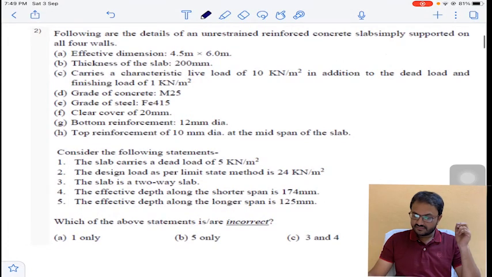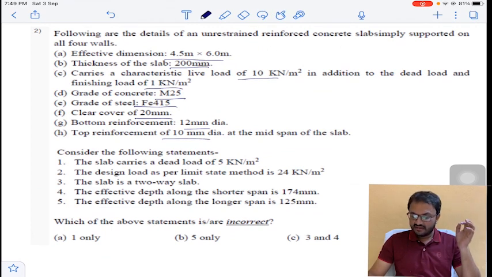Coming to the next question. Following are the details of an unrestrained reinforced concrete slab simply supported on all 4 walls. There is no restrainment, and the given slab is a simply supported slab, and he has given the data 4.5 by 6 meters and 200 mm overall thickness of the slab. The live load is 10 kN, the dead load is to be found, and the floor finish is 1 kN per meter square, M25, Fe415, clear cover is 20 mm, bottom reinforcement is 12 and top reinforcement is 10.